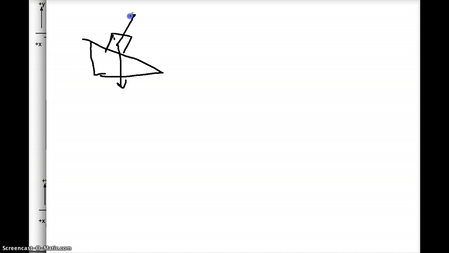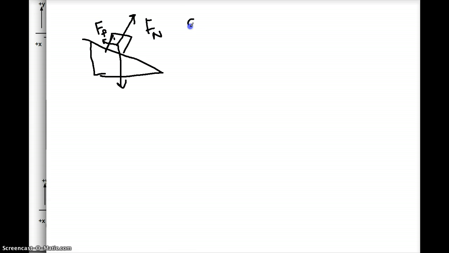There's a normal force, which acts perpendicularly to the surface. Remember, normal force is the reacting force of this block pushing down on that surface. And there's a force of friction. And I'll talk a little bit about how I know there's a force of friction.